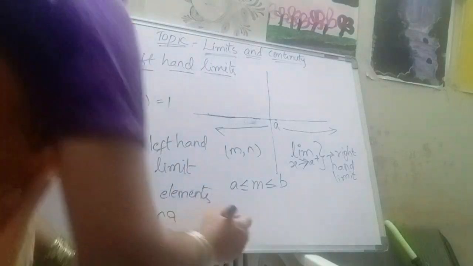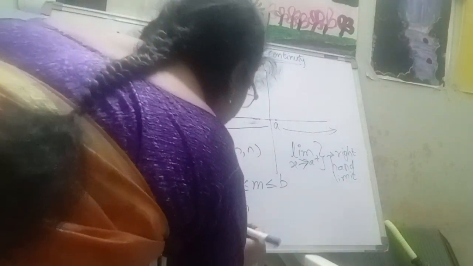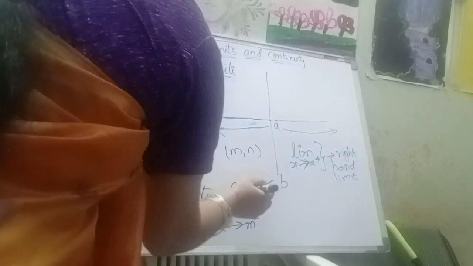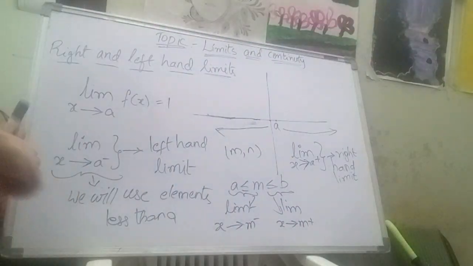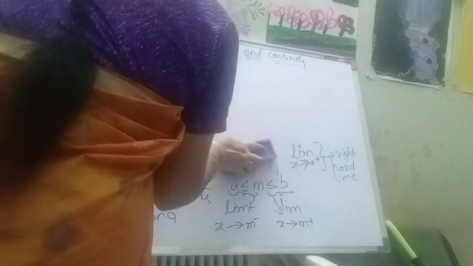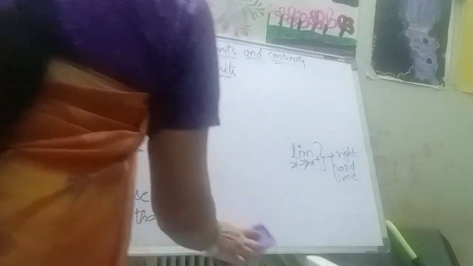This is how you can write it: limit x tends to m minus, and limit x tends to m plus. You will get these limits. Understanding?